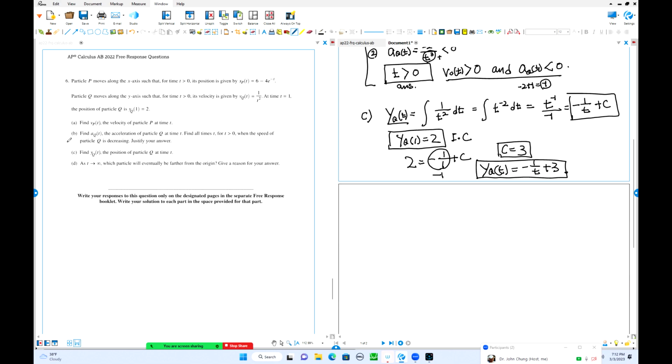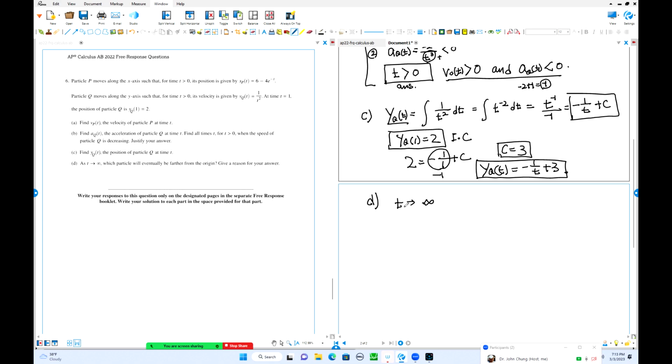You've got to do everything, okay? In case you have time, after you finish A and B, you can continue to C and D, right? All right. Now number D there. As t goes to infinity, in the long run, which particle will eventually be farthest from the origin?